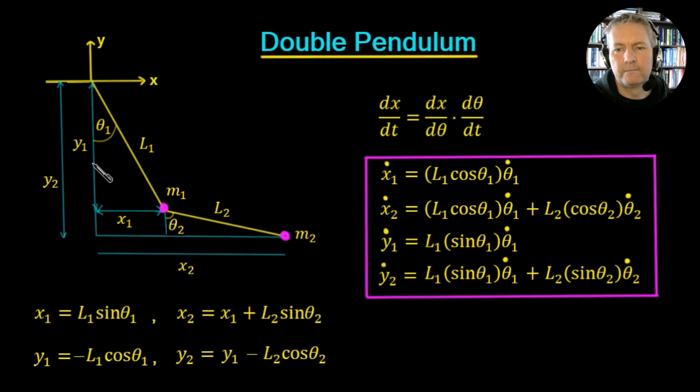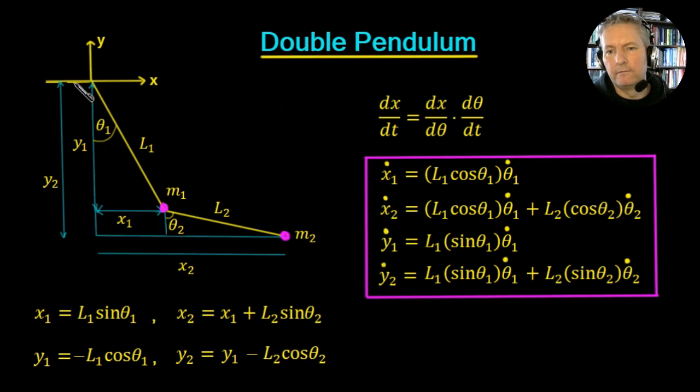Now we can do the same for the y coordinates. We have the y1, so this is the adjacent of the angle, so it's adjacent over hypotenuse, which is going to give us the cosine. So this length is going to be given by L1 cos θ1, but remember it's going to be a minus value because we've defined the origin at this point here, so we're coming down to the point.